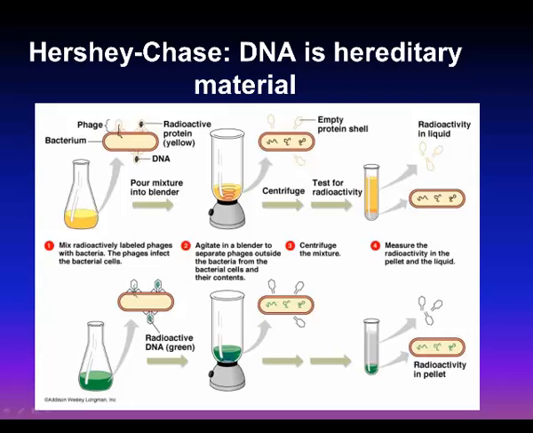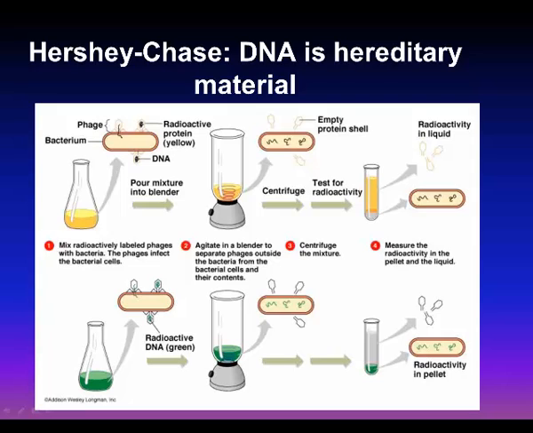And then on the top of your slide, you'll see their high-speed blender experiment that they did very quickly. As soon as the phages had attached onto the bacterium, they immediately took the solution and washed it, and basically, without disrupting the cell, knocked all of the proteins off the outside of the cell.